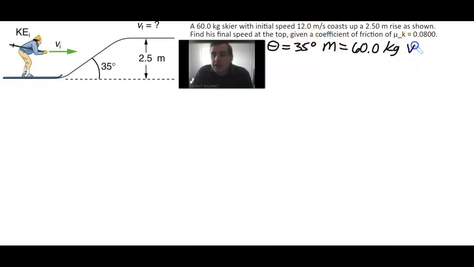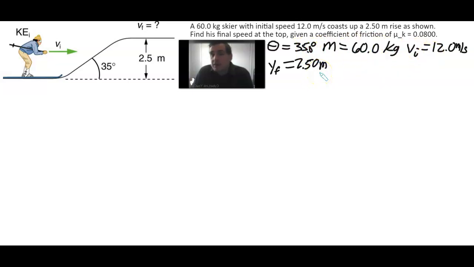So that's v initial, just the magnitude of the velocity, is 12.0 meters per second. And we know we're going to coast up a 2.50 meter rise. So why don't we call that y final? The final height is 2.50 meters. By the way, let's just assume we have 3 significant digits for every one of these numbers.